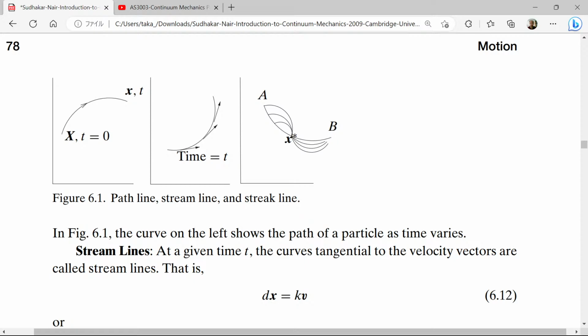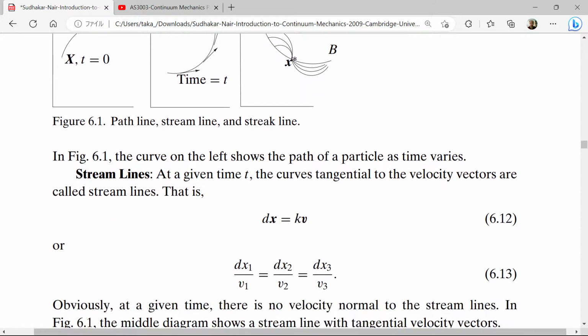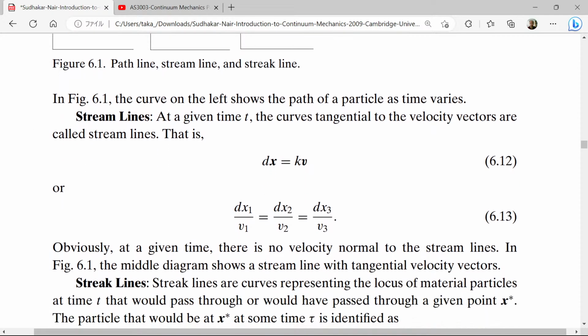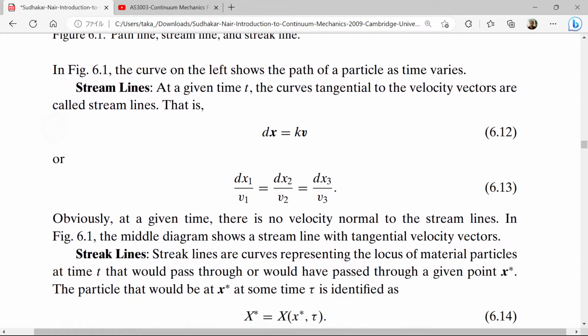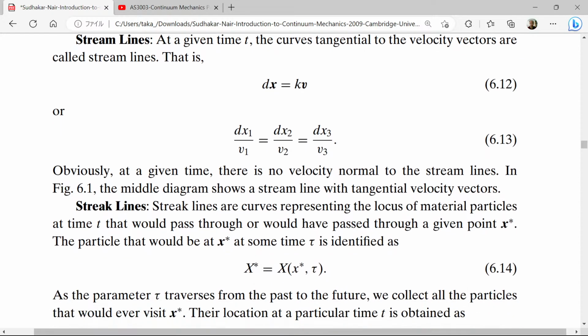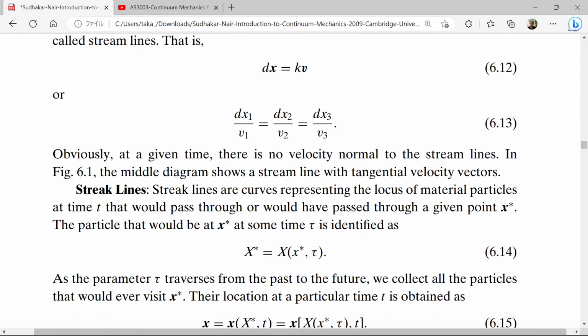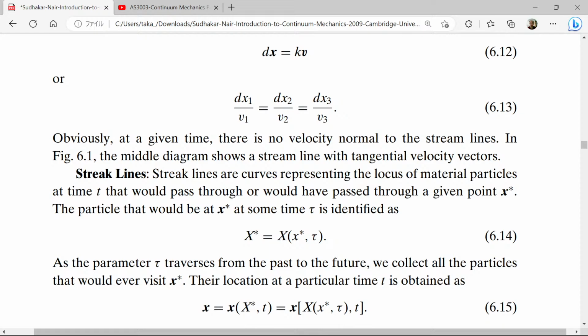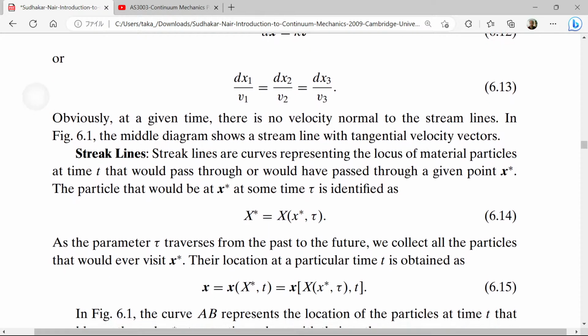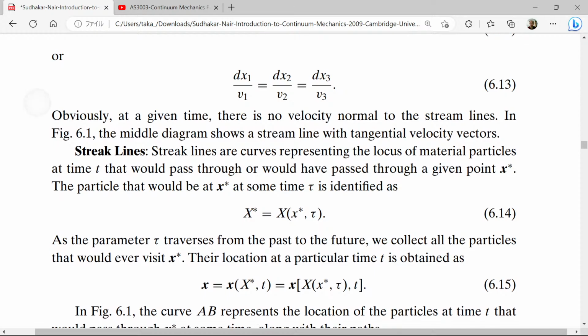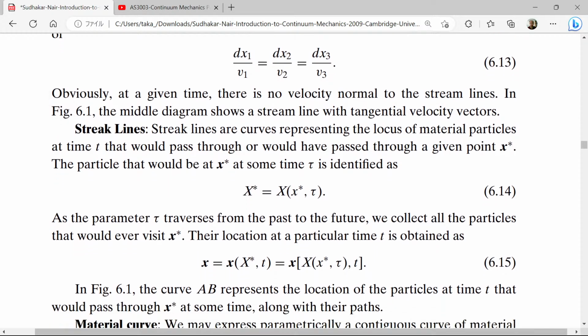That is dx equals kv, or dx1 divided by v1 equals dx2 divided by v2 equals dx3 divided by v3. Obviously, at a given time, there is no velocity normal to the streamline. In Figure 6.1, the middle diagram shows a streamline with tangential velocity vectors.